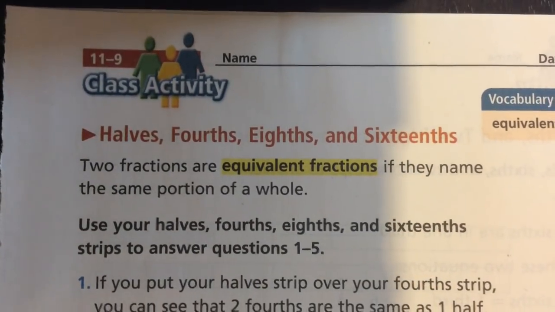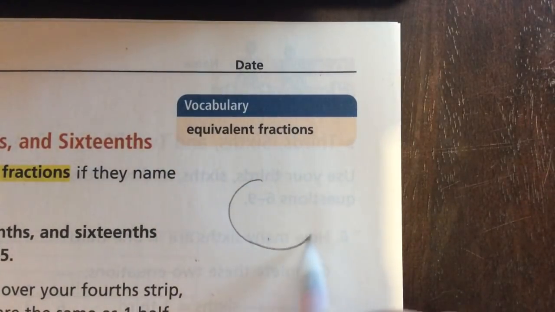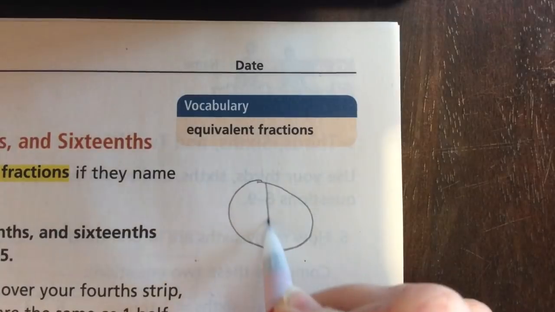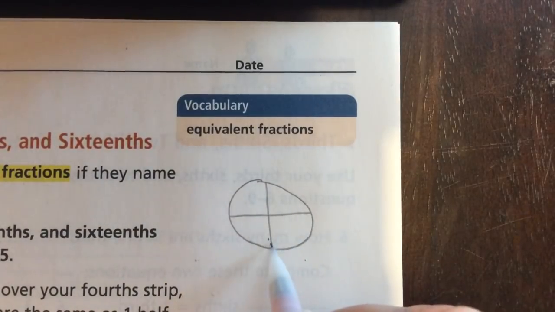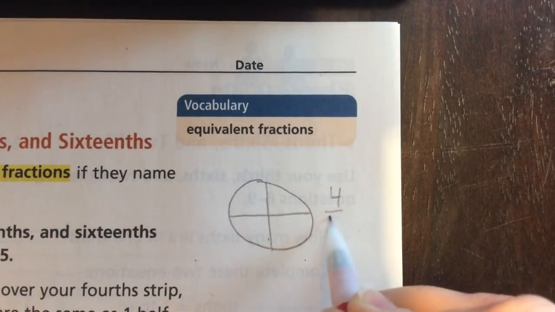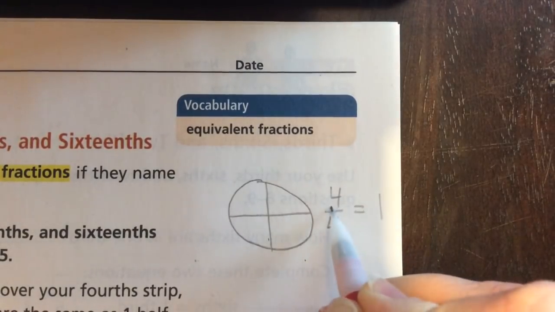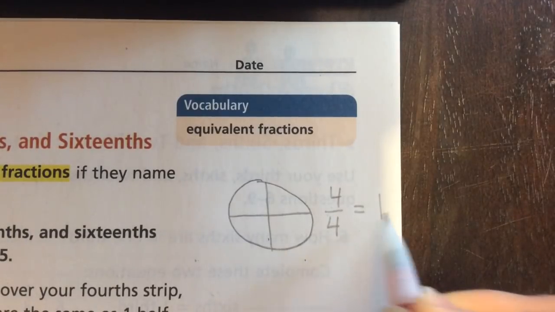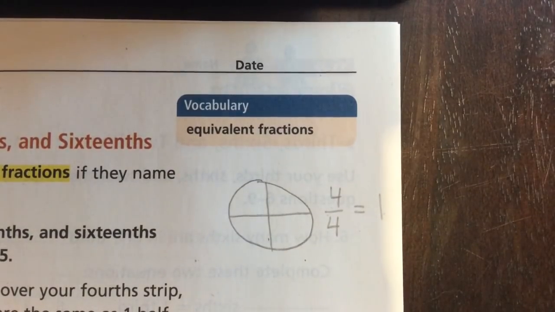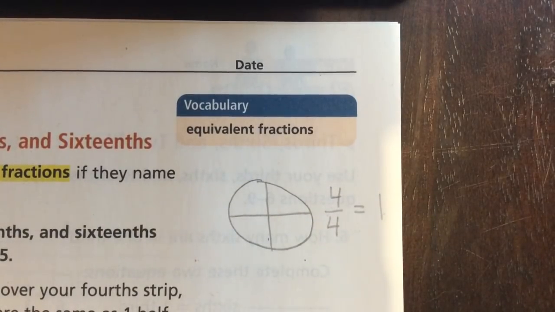When you remember, when we had our fraction circles, you had a whole, and then you put 4 blues on top, and that can also make a whole. So 4 blues, 4 fourths was the same as a whole. These two are equivalent fractions. They name the same pieces of the whole that you have.